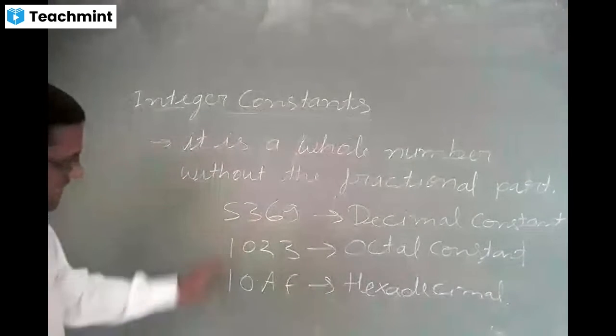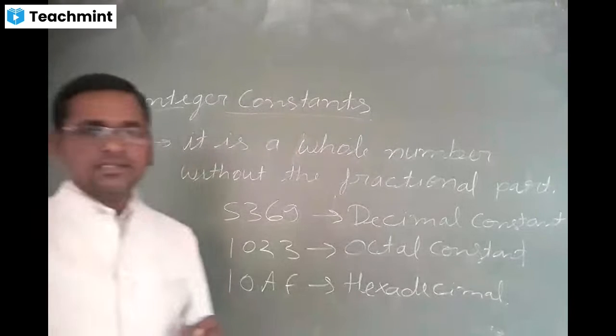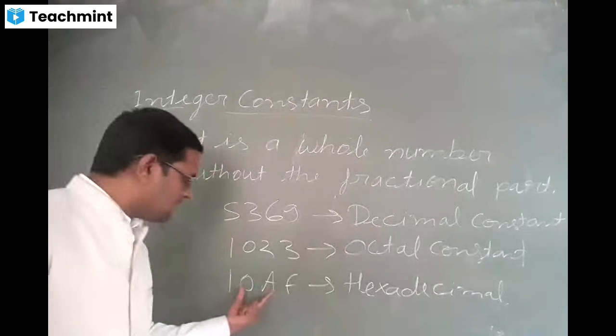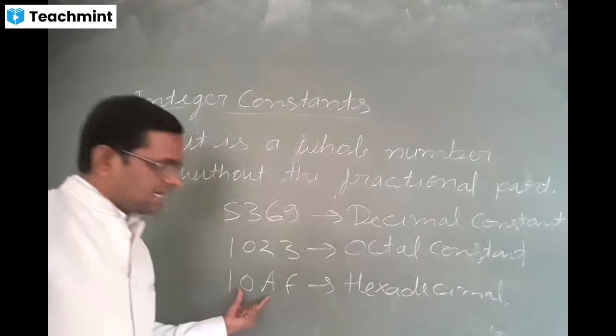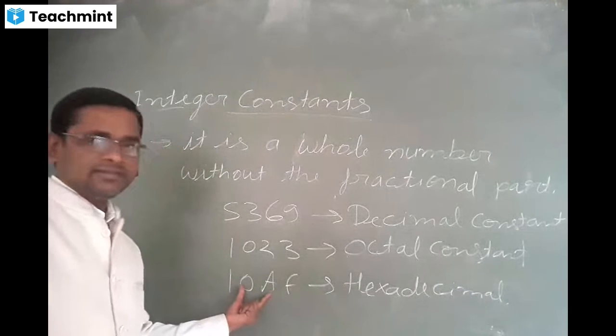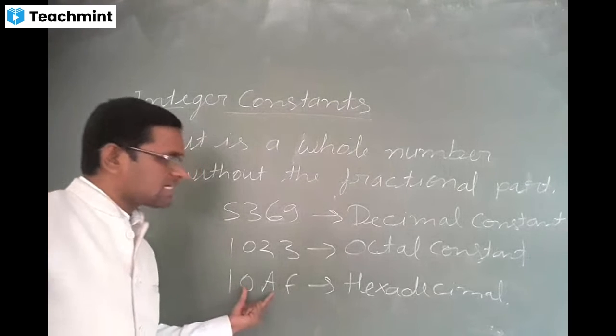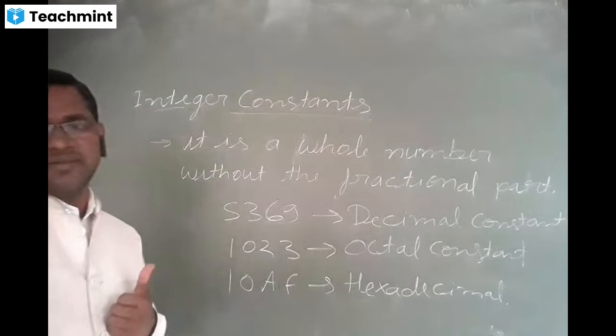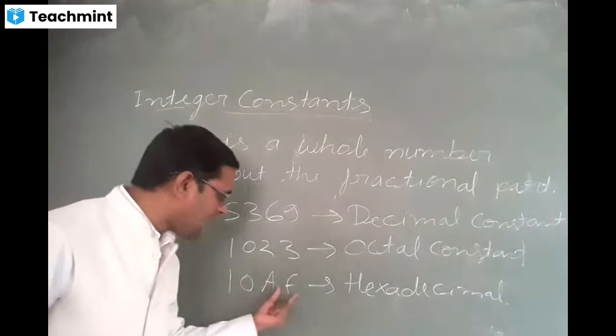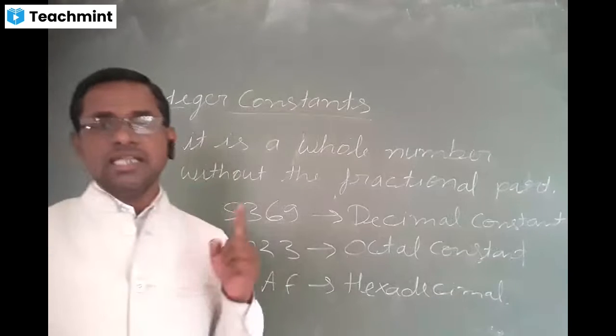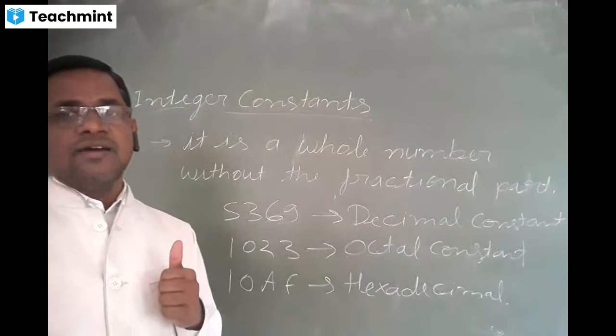We see in these three examples, we cannot use A and F as a decimal constant because A and F are not allowed in a decimal constant.